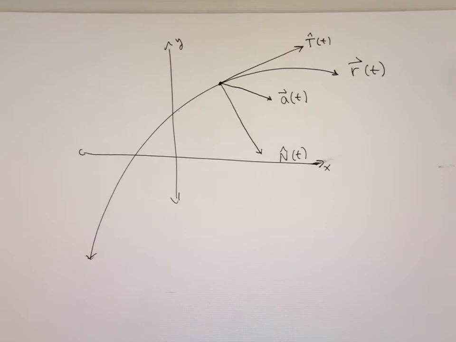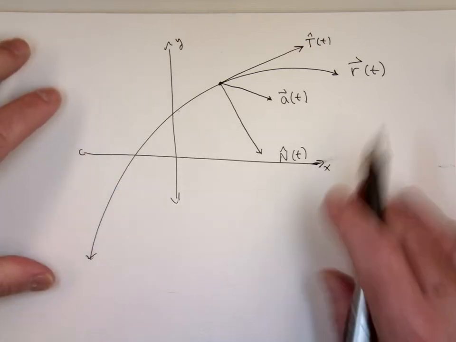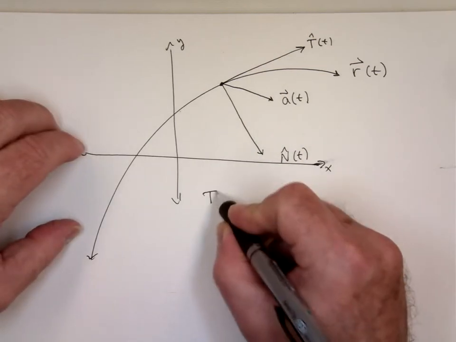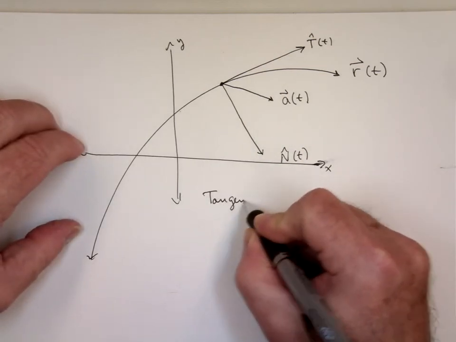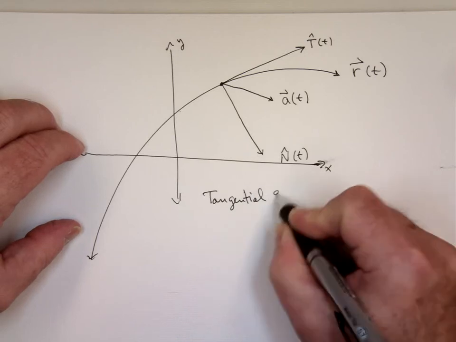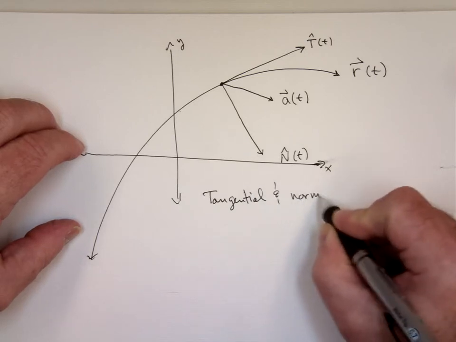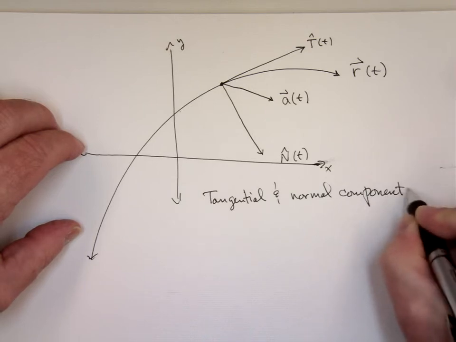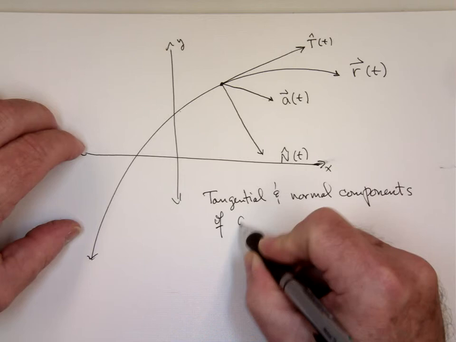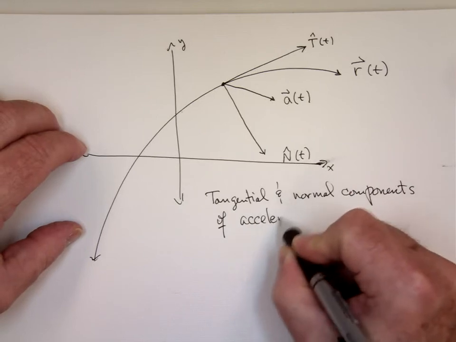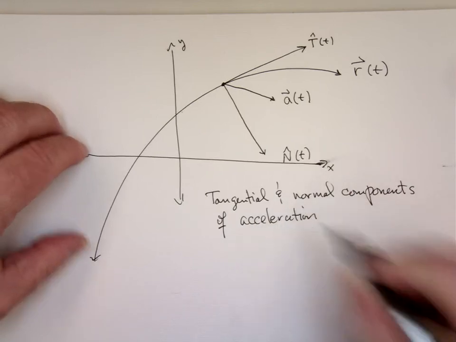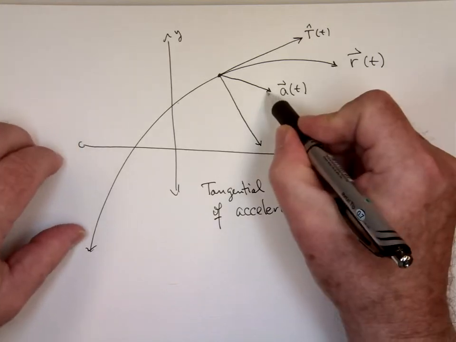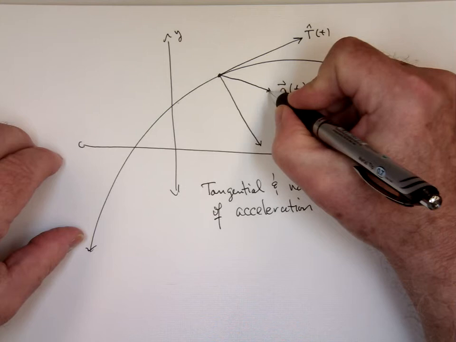Now, what we want to do is find what are called the tangential and normal components of acceleration. What these are is the magnitude of the projection of the acceleration on the tangent line.